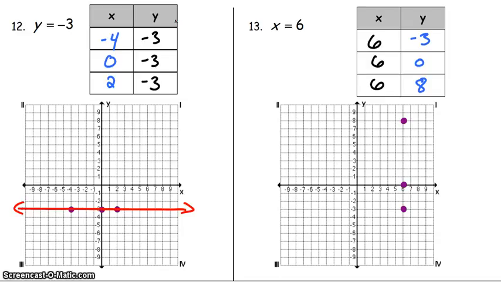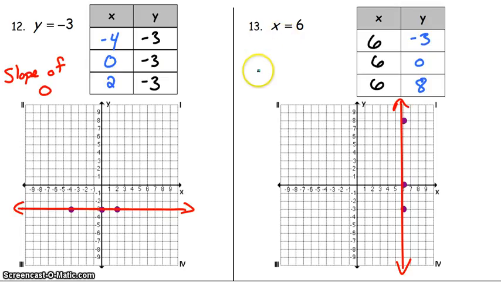There's a very big difference between a horizontal line and a vertical line. Not just the way they look, but in what the function rule looks like. Anytime your function rule has a y but no x, you're going to have a horizontal line. A horizontal line has a slope of 0 because your y change is 0.